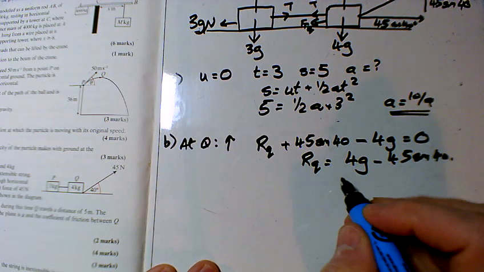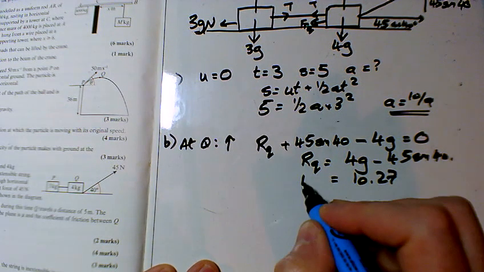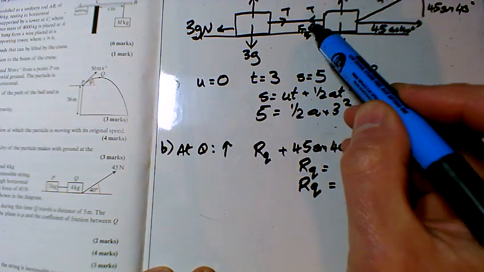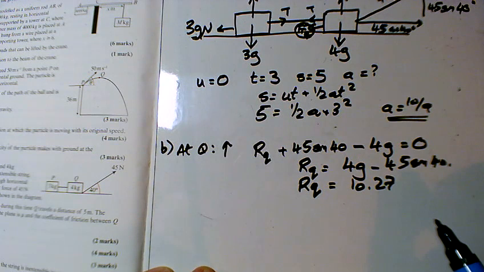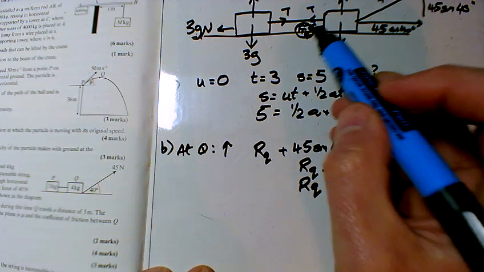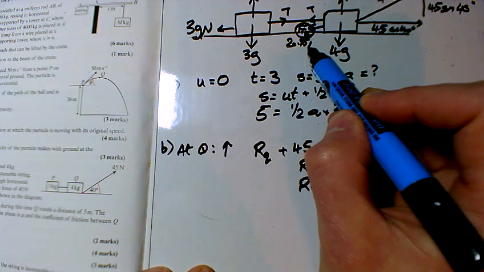I'm going to tap that in, and I've got 10.27 there. So if that bit's 10.27, then that friction there, and they told you that one there, the coefficient of friction is 2Q there. So I'm going to double that. So that bit there is going to be 20.55 mu there.